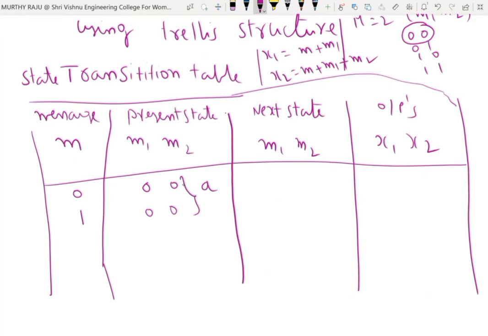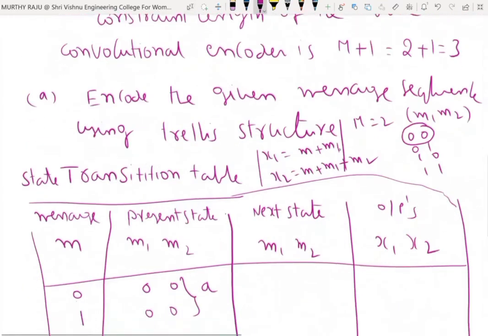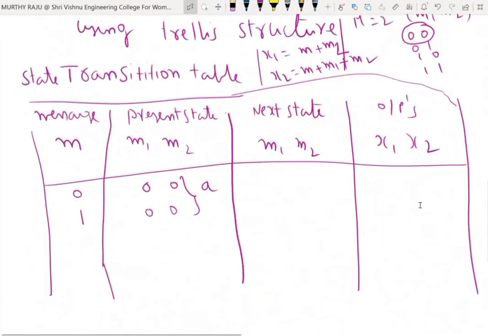Here M is 0, M1 is 0, M2 is 0, therefore X1 is 0 and the exclusive OR operation for X2 is also 0. For the next state, we have to perform shifting operations. Here the M value 0 is shifted to M1, and the M1 value 0 is shifted to M2. Therefore, the next state is 00, that is A.